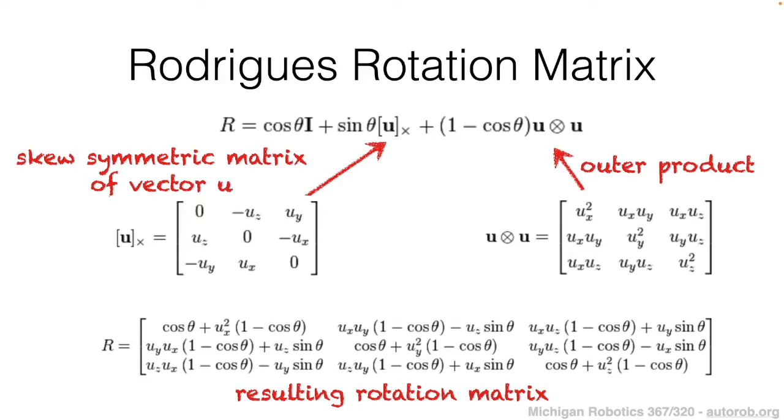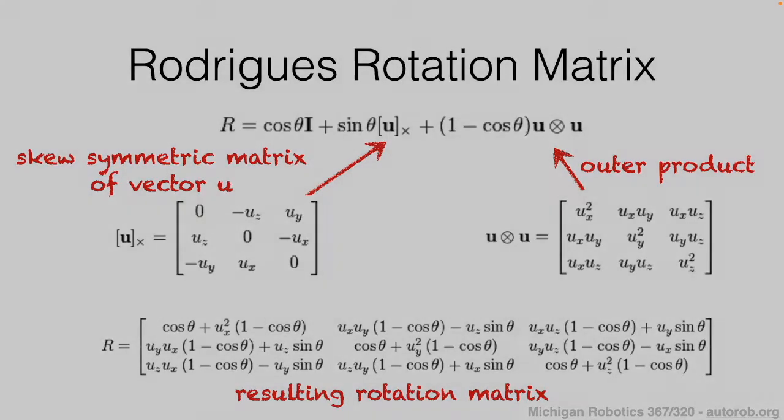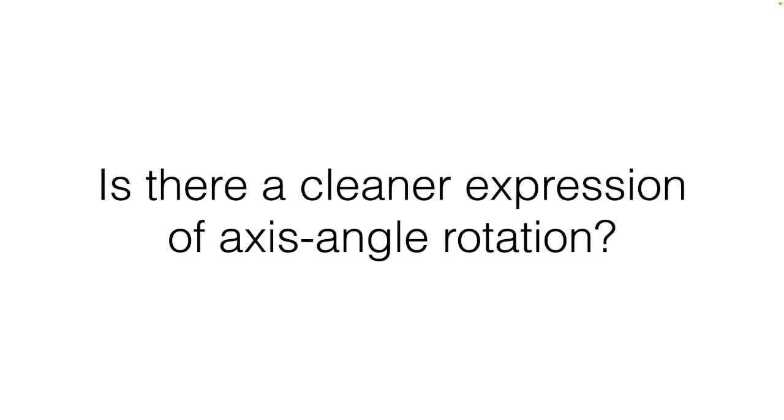And so that motivates the question of whether there might be a cleaner expression for this form of axis angle rotation. So the next approach that we're going to look at is going to move us towards this goal of having a cleaner expression for axis angle rotation.